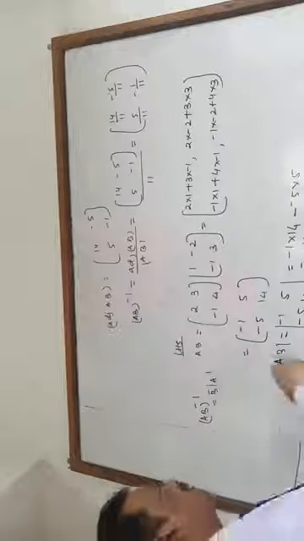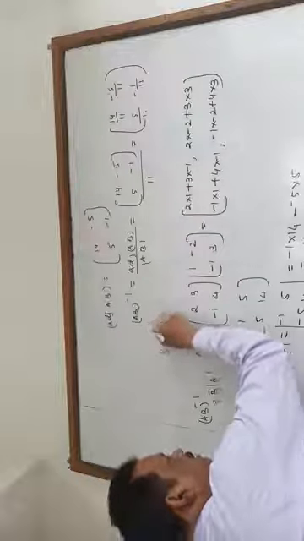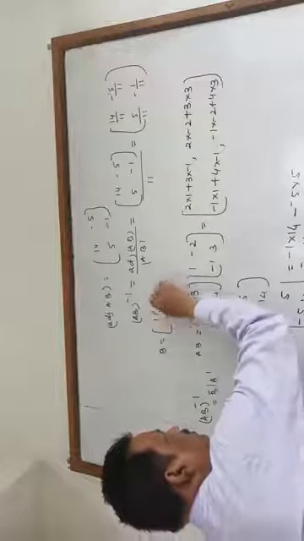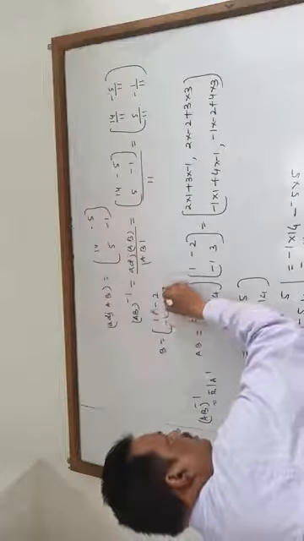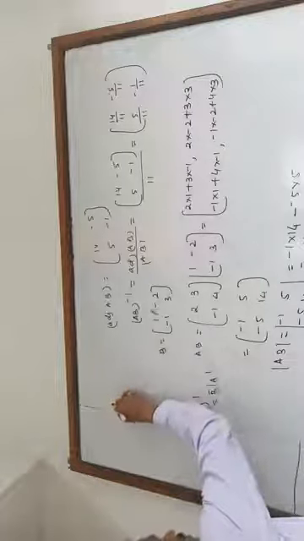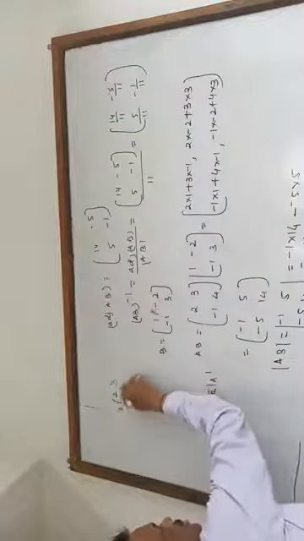So I have to find out first what is B. B is 1, minus 2, minus 1, 3. Let me write down A here because I have to draw here. This is 2, 3, minus 1, 4.